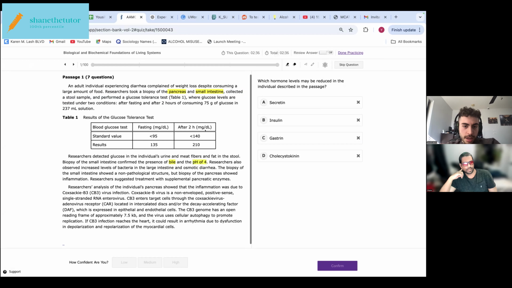Researchers also observed increased levels of bacteria in the large intestine and osmotic diarrhea. The biopsy of the small intestine showed a non-pathological structure. A biopsy of the pancreas showed inflammation. Researchers suggested treatment with supplemental pancreatic enzymes.